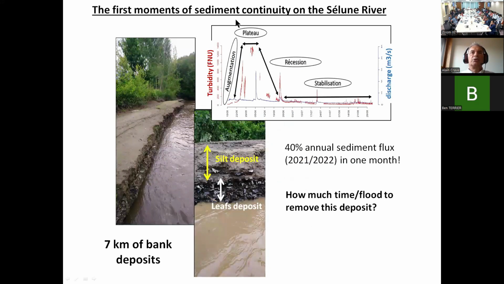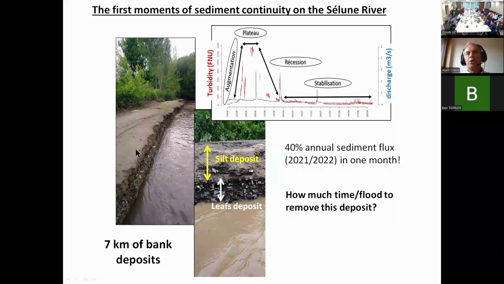Just to show you what happened in one month, just after May 2022, we had quite a large flush of fine sediment that produced a bank of sediment deposit along 7 kilometers from the La Roche-qui-Boit Dam, which is the second dam that was removed.